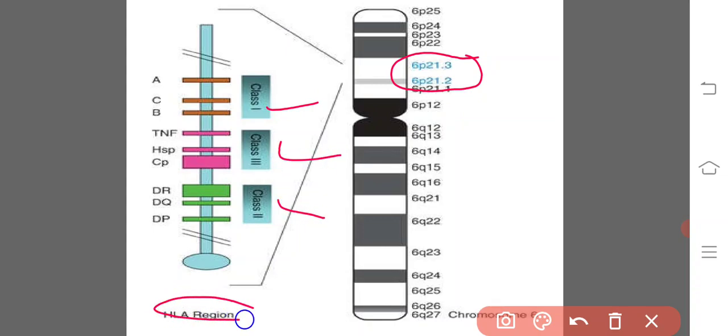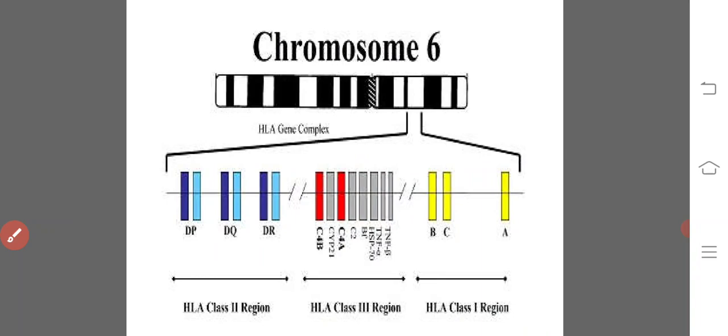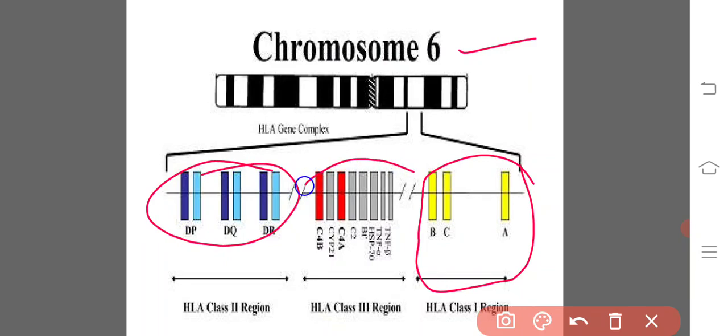This is the HLA region, and this is chromosome number 6. See here, chromosome number 6, genes for class 1 region, class 2 and class 3.